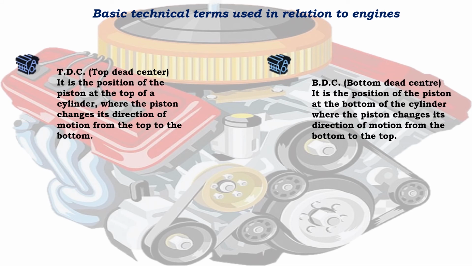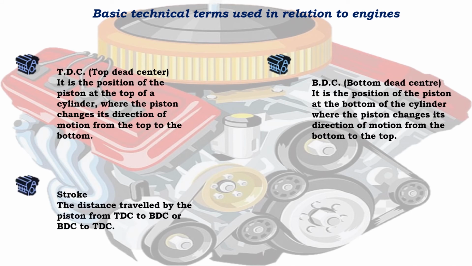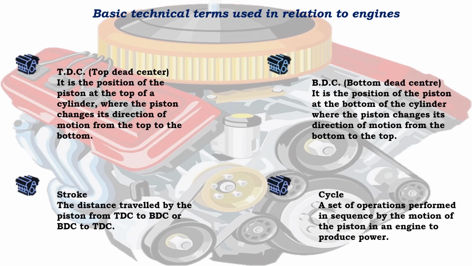BDC, bottom dead center: it is the position of the piston at the bottom of the cylinder where the piston changes its direction of motion from bottom to top. Stroke: the distance traveled by the piston from TDC to BDC or BDC to TDC. Cycle: a set of operations performed in a sequence by the motion of the piston in an engine to produce power.